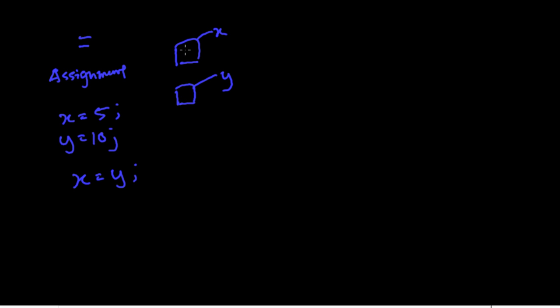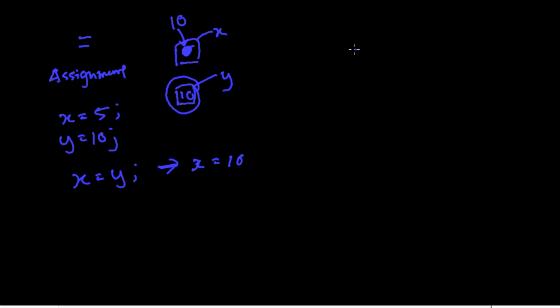So x has the value of 5, y has the value of 10. So if we say x equals y, we're essentially saying that x equals 10 because the value of y is 10. So this 5 will be erased from the memory and 10 will be input in here. Simple.